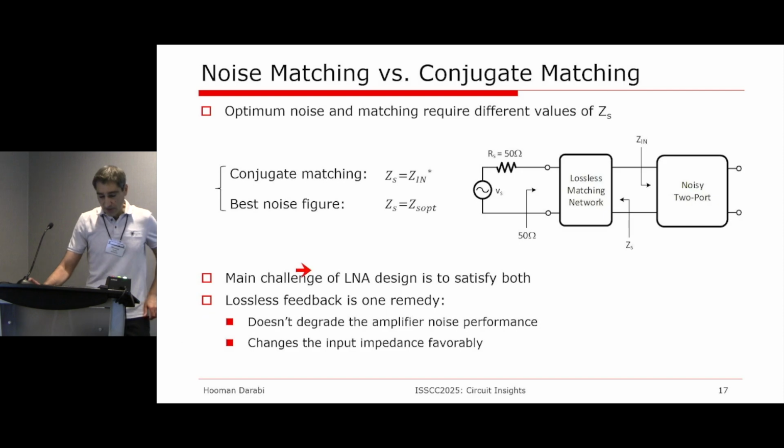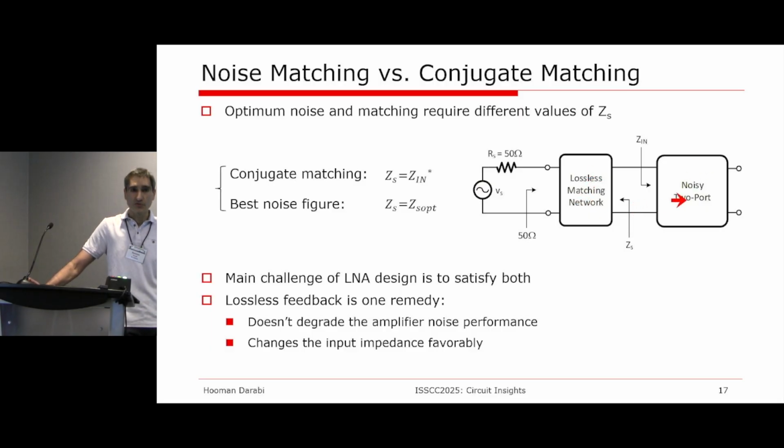So to summarize, we have a source, let's say typically 50 ohm, we can transform the source impedance through a reciprocal and lossless matching network, and then you have your noisy two-port, which can be modeled with the equivalent noise sources. Looking into the two-port, you see some input impedance Zin. Now, oftentimes, this matching network belongs as a part of your overall two-port, let's say the amplifier that we're interested to design.